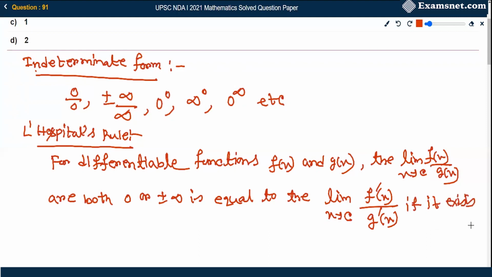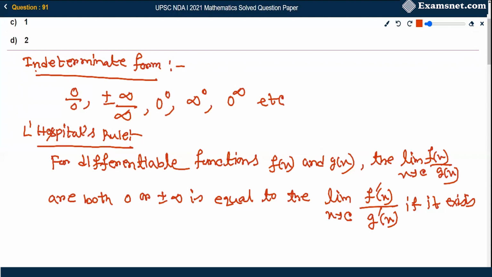So what I'm saying is that if we get any expression which is in indeterminate form, we will differentiate the function first, and then we will find the limit of that derivative form, if the limit exists.